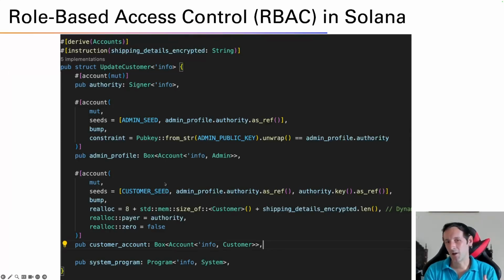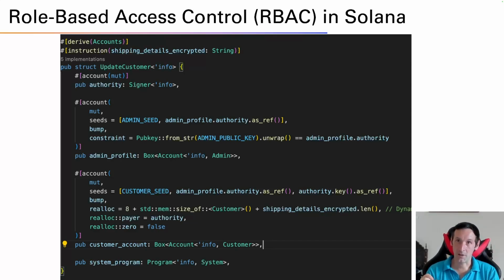And here is what I was talking about. So this is a good example, right? This is my update customer context struct. I have an instruction, and the instruction obviously has a context, which is the first argument, as I explained in my last video.